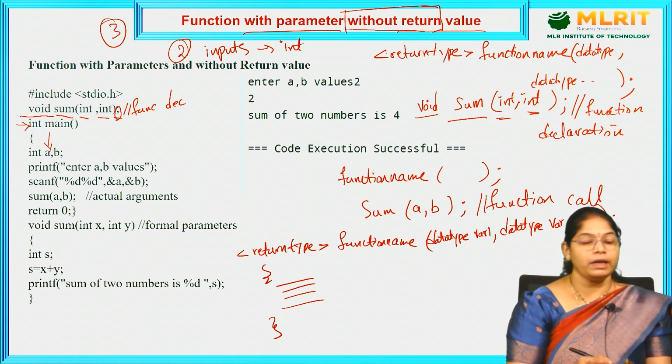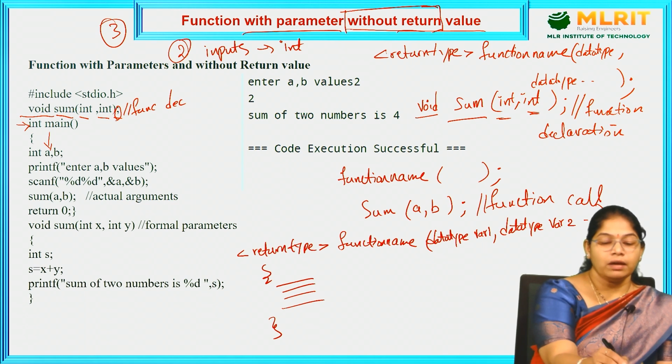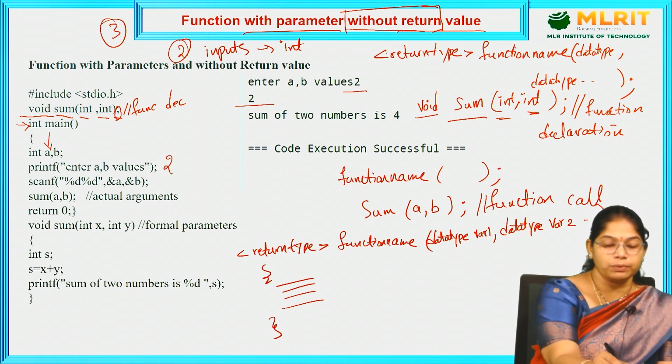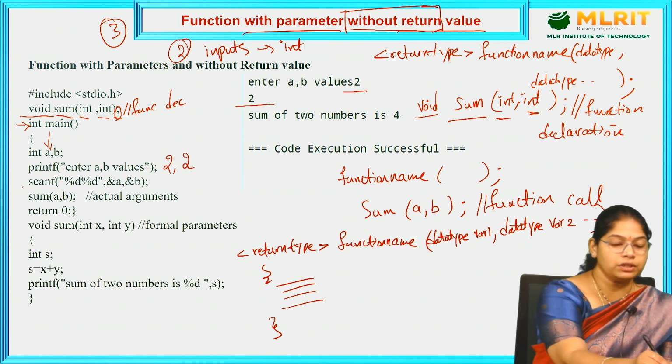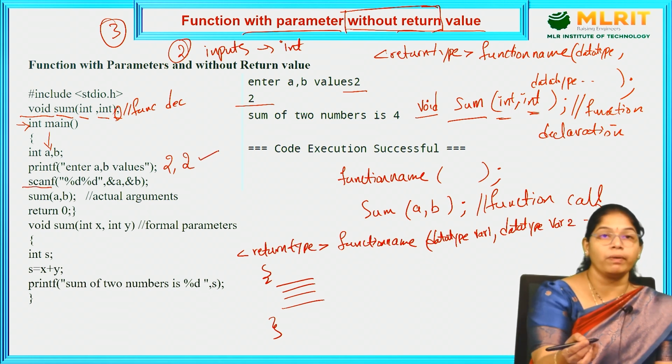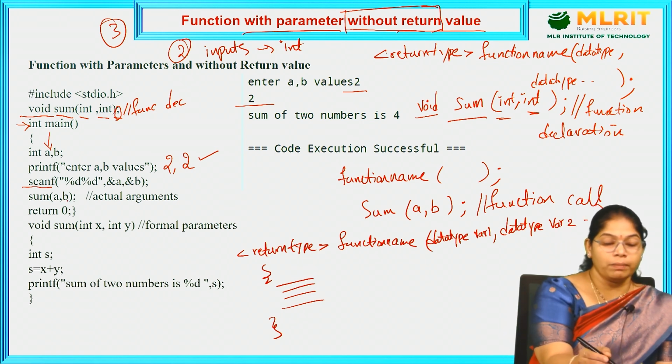Then program execution starts from main, so the control goes inside the main. Int a comma b, here I declared two variables of type integer, a and b, and I provided the values of a and b as 2 comma 2. Then using the scanf function we read the inputs provided by the user. Then sum a comma b, this is the function call.